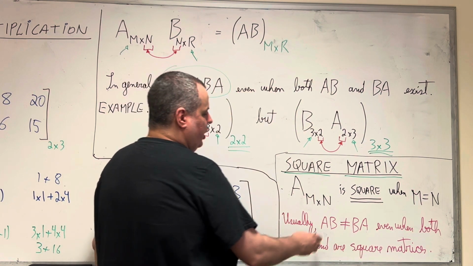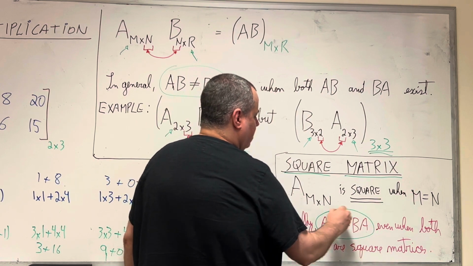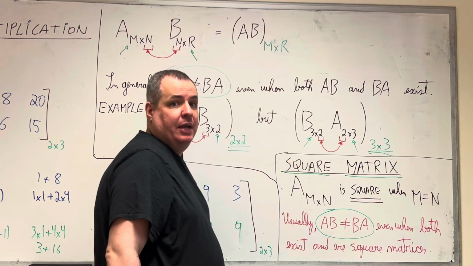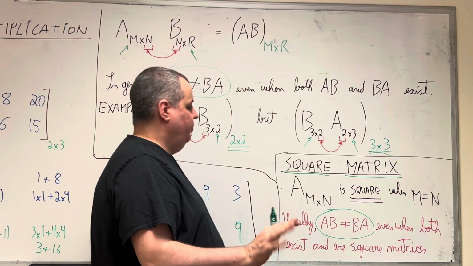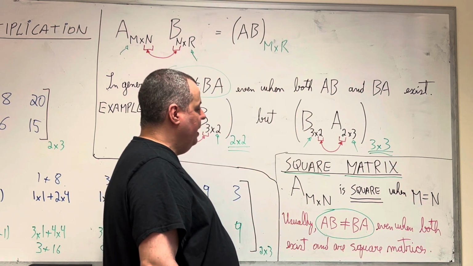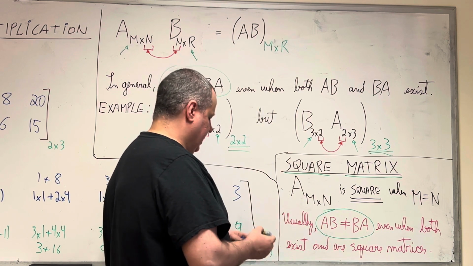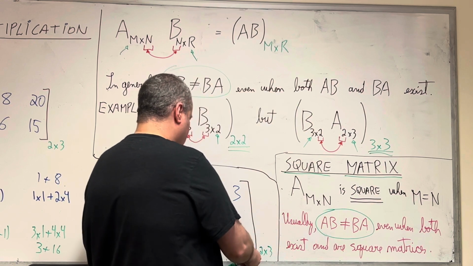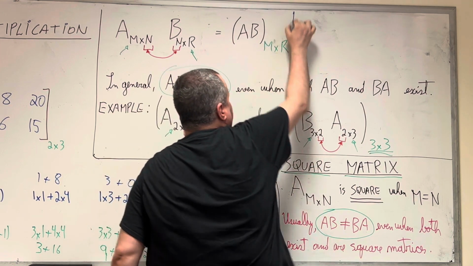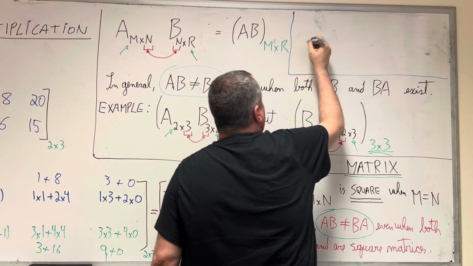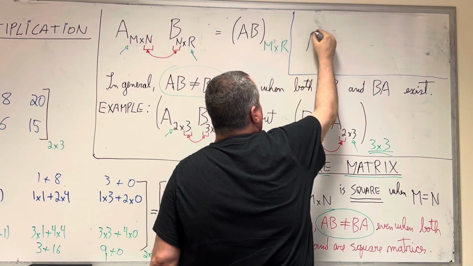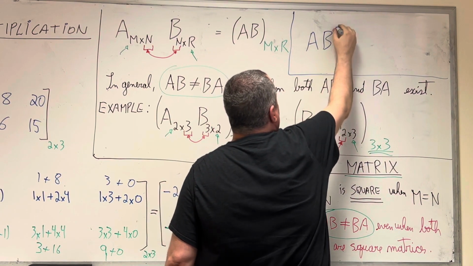Okay? So in general, this is going to be the case. There are a few exceptions, and we can talk about that some other time, but in general, that's going to be the case.